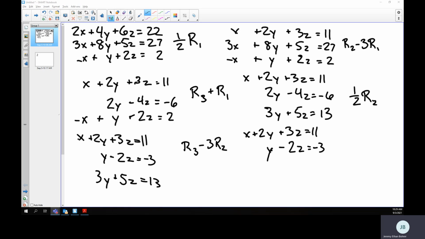Okay, well, if we subtract 3 times y from 3y, we get nothing. So that stays the same. We're going to add 6z. Negative 3 times negative 2z is 6z to our 5z.